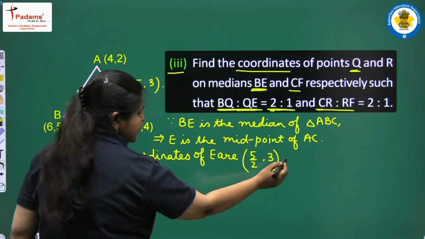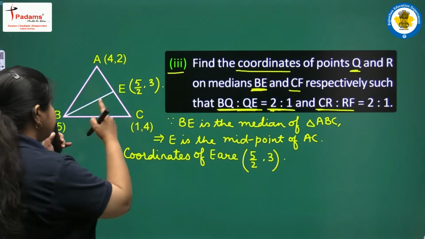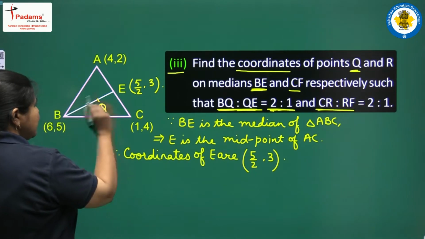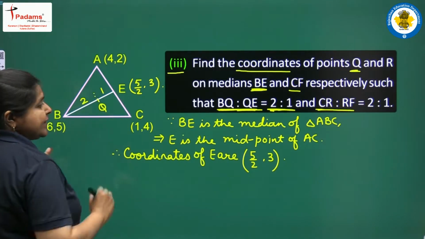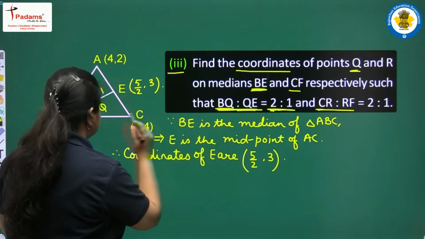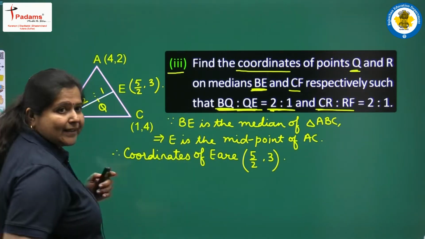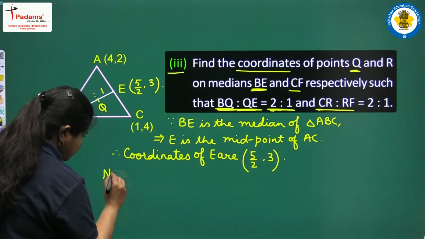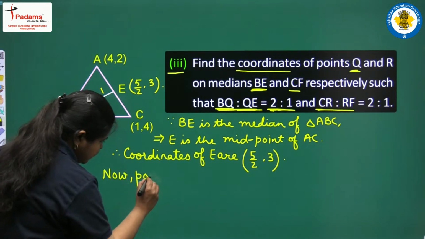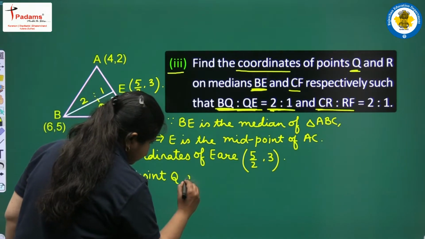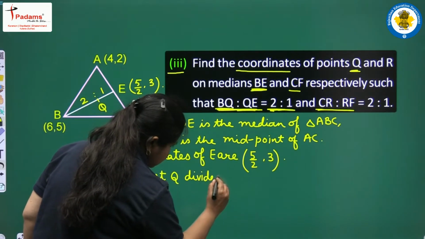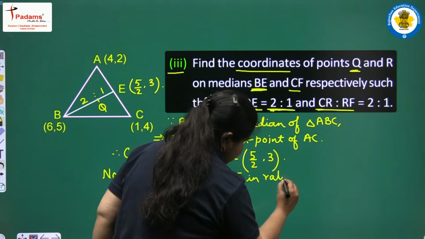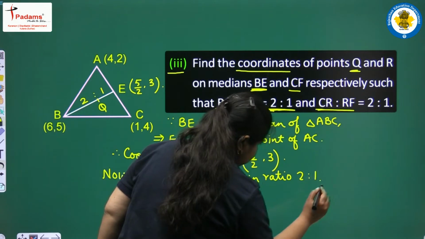ठीक है, अब हमें यहाँ पर BE पर एक पॉइंट Q लेना है. इस तरह से यहाँ पर पॉइंट एक Q लेना है जो BE को 2:1 के रेशियो में डिवाइड करे. देखिए BQ is to QE 2:1. तो सेक्शन फॉर्मूला अप्लाई करते हैं. वी राइट हियर नाउ point Q divides BE in ratio 2:1.